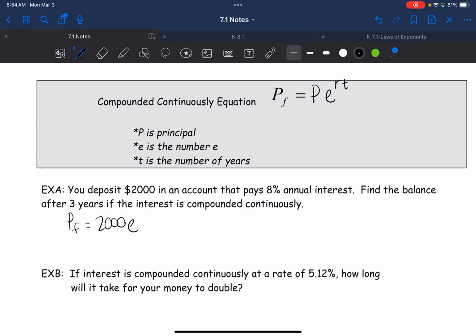It's truly a key on our calculator. Okay, and then we should raise that to our rate times time. Well, what was our rate? 8%, right, or 0.08, times T, which they said this is occurring over the course of 3 years, right? So this is what we would put into our calculator.